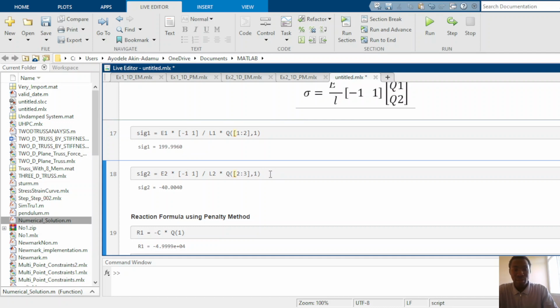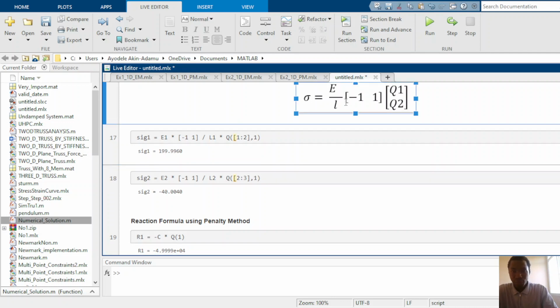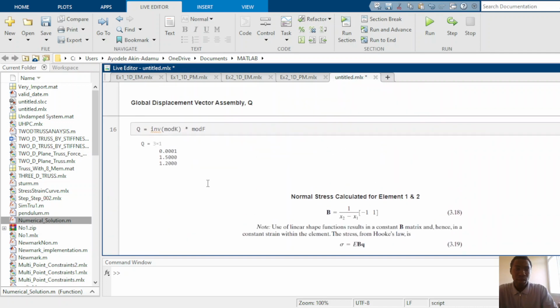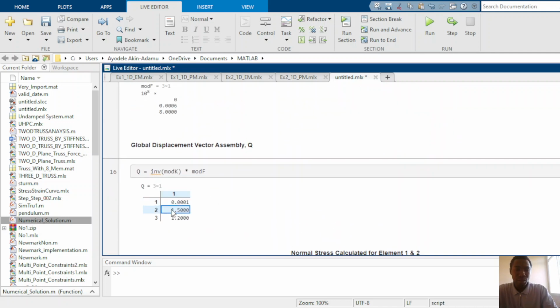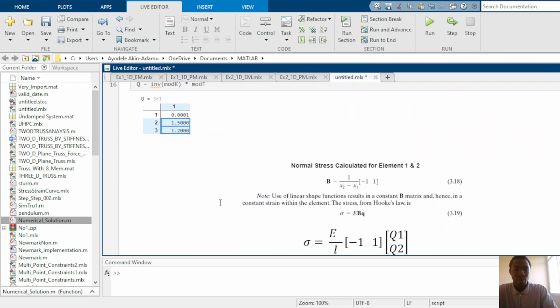For the normal stress in the second element, we use the same formula, but the displacement quantity will be different. It will be the displacement quantity between node 2 and node 3, which are these two values, 1.5 and 1.2.